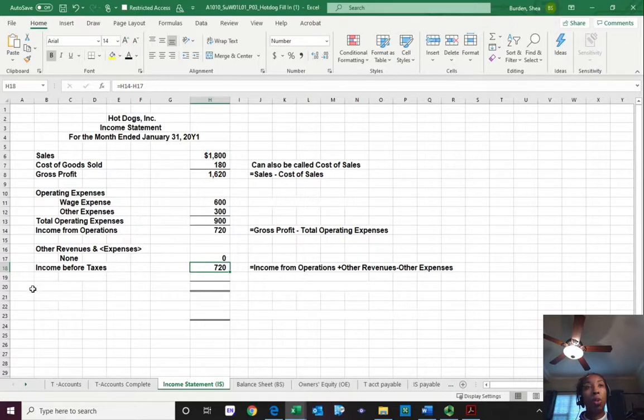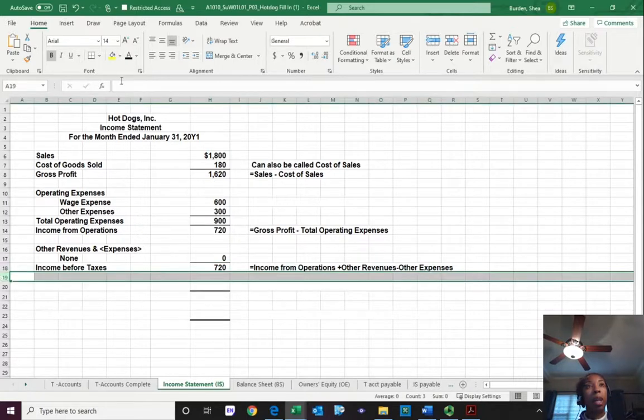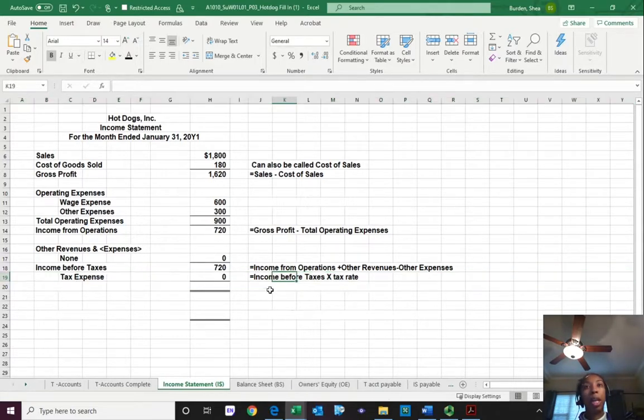The next thing is going to be your tax expense. In this problem, we didn't give you a tax rate, but in a normal situation, when you're doing your income statement and your homework, you're going to take income before taxes, so this number right above. It's sometimes also called net income before taxes.